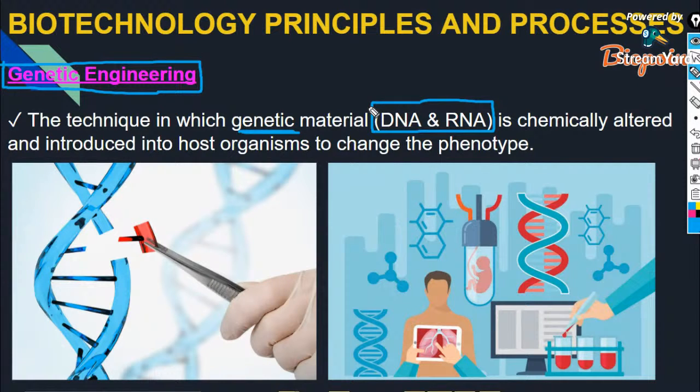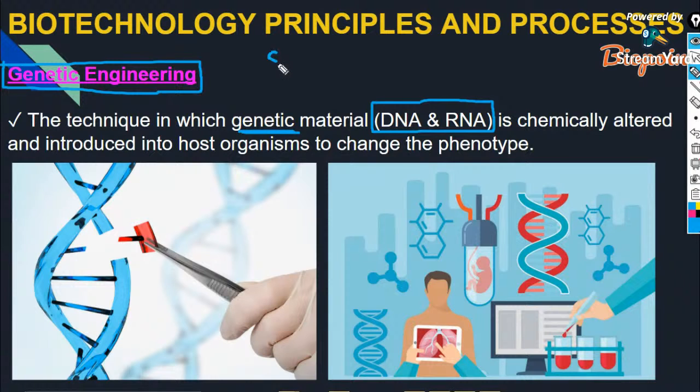You can correct a particular gene, or even if there is no need of correction, you can alter the particular gene with the help of biotechnological methods. Is that clear? So this is the first one.